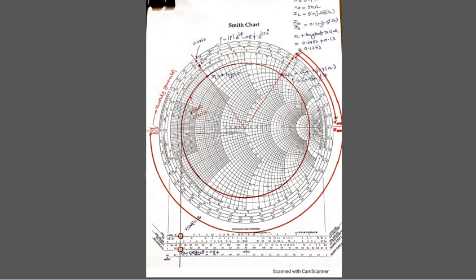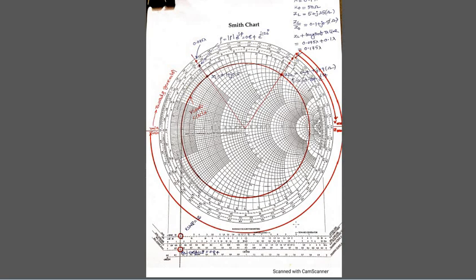When you are moving towards the generator, you are interested in Z in. The length of the transmission line is added to the existing point, and you reach the Z in reflection coefficient and Z in wavelength. That Z in wavelength extended onto the VSWR circle will give you Z in. If you extend these lines you will get the admittance.